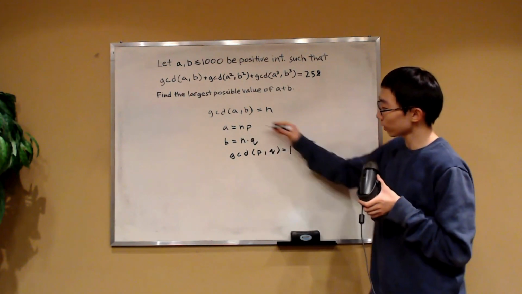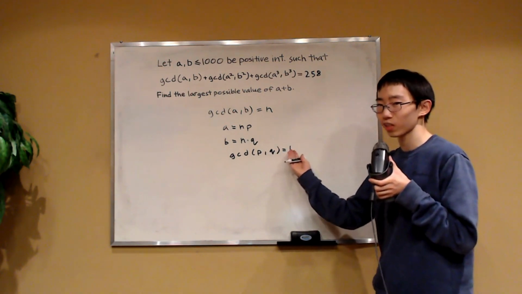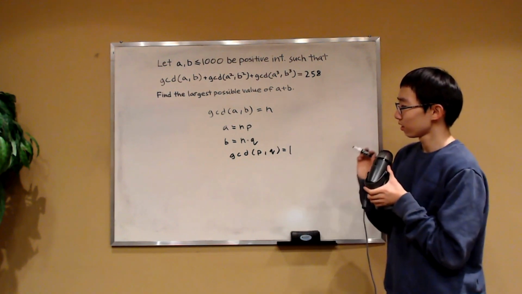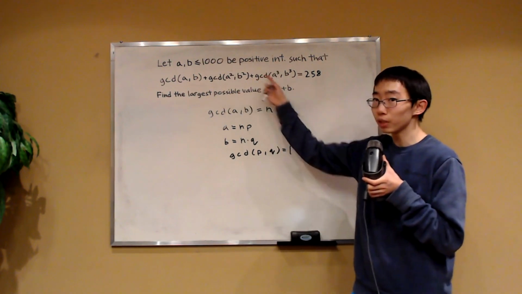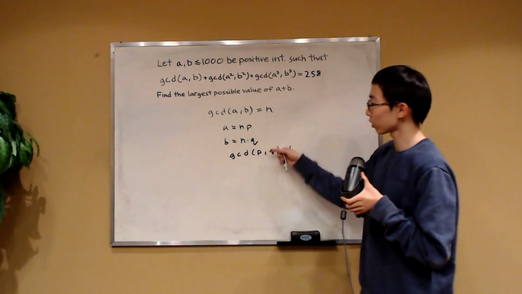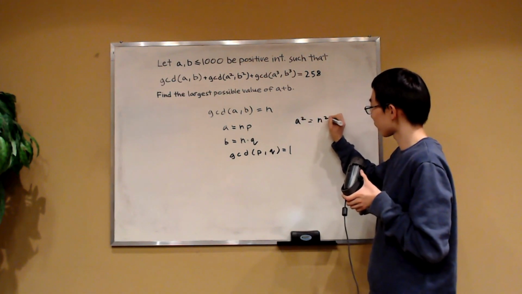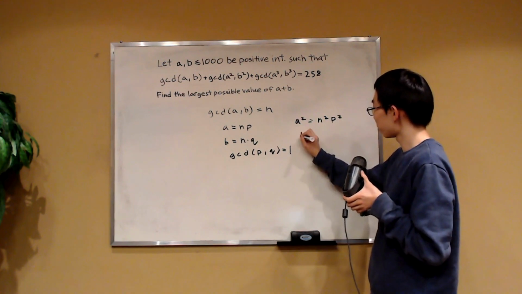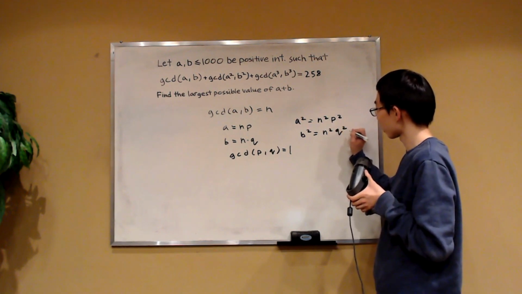So we need to have p and q to be relatively prime, or, for the greatest common factor to be 1. Okay, so given this is true, what can we say about a squared and b squared? Well, squaring the equations, we have a squared is equal to n squared times p squared, and b squared is equal to n squared times q squared.